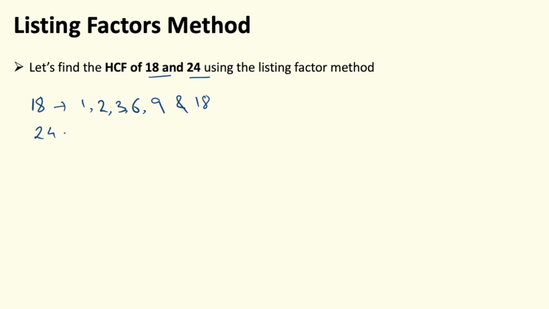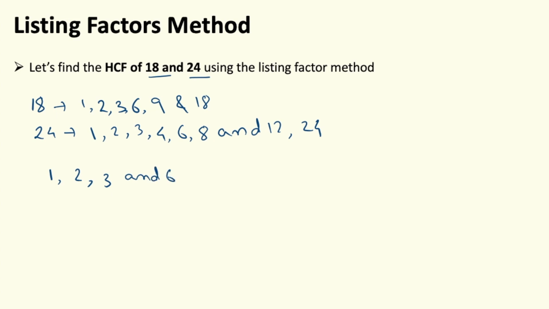Factors of 24 are 1, 2, 3, 4, 6, 8 and 12. And obviously 24. Now what are the common factors between them? The common factors are 1, 2, 3 and 6.